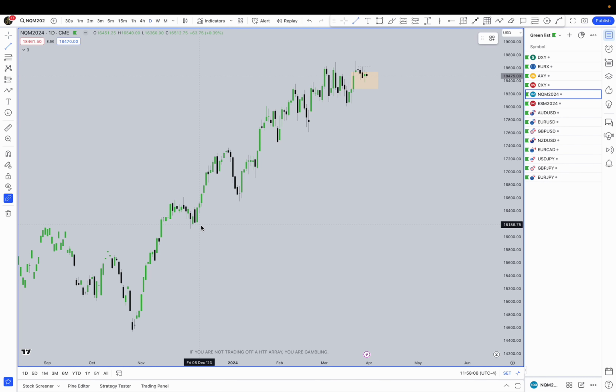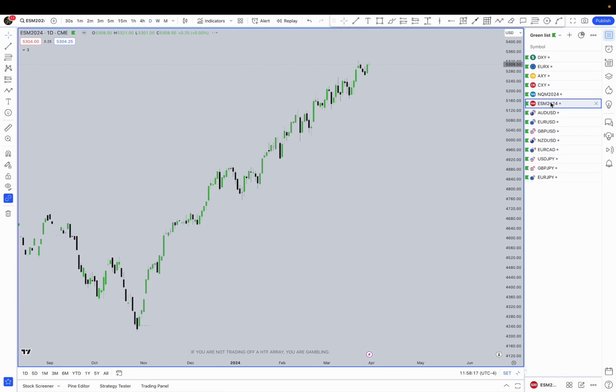You see this in my Discord group, I call this a staircase effect. All failure swings, this is your Fenton trend line, all sell side liquidity. Look at the S&P, the most clear staircase you've ever seen. The staircase means low resistance liquidity.